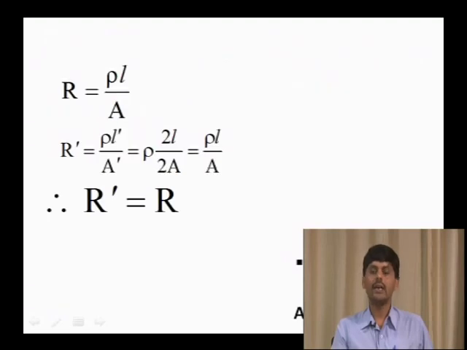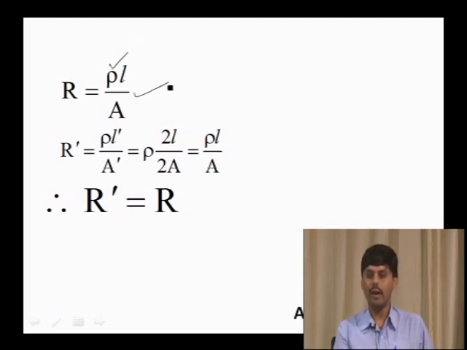For this, we have a relation between length, area and resistivity. Resistance is directly proportional to length and inversely proportional to area, and rho is the resistivity of the material. The resistivity of the material does not depend on the dimensions, so it stays rho with no change in value.